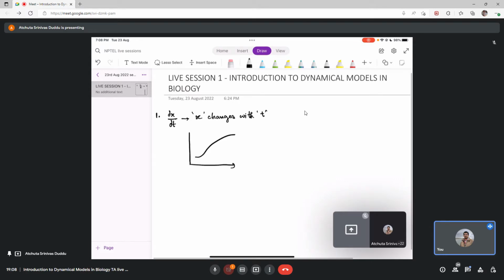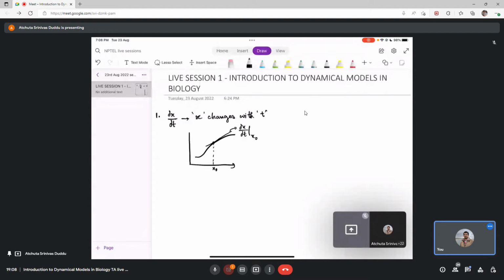At any given point x naught, the dx by dt would be the slope of the graph at that particular point. So basically differentiation is to find out the slope of a function in this scenario, right?